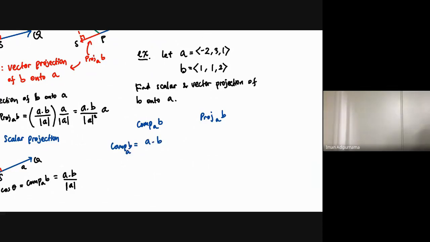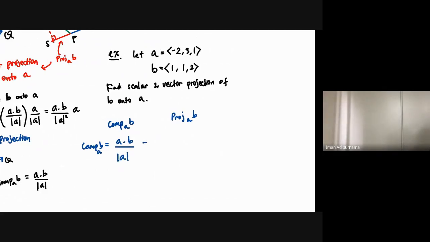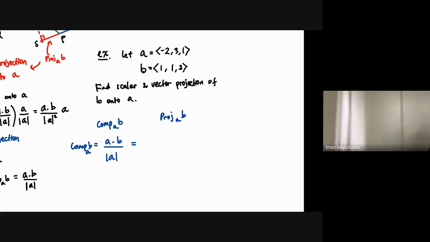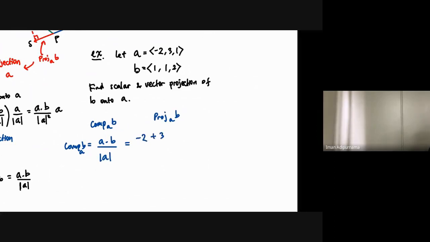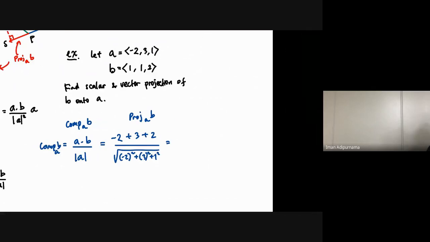So A dot B divided by the magnitude of A. So we can start to add the A dot B. So minus 2 plus 3 plus 2, divided by negative 2 squared plus 3 squared plus 1. So it will be 3 divided by square root of 14.